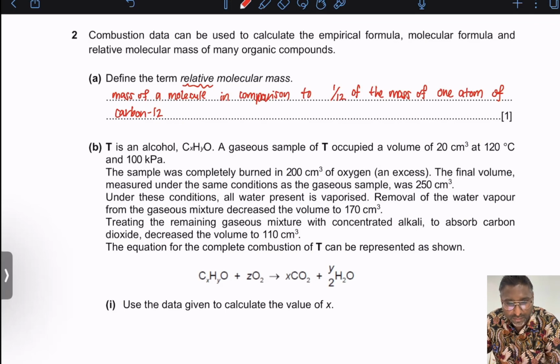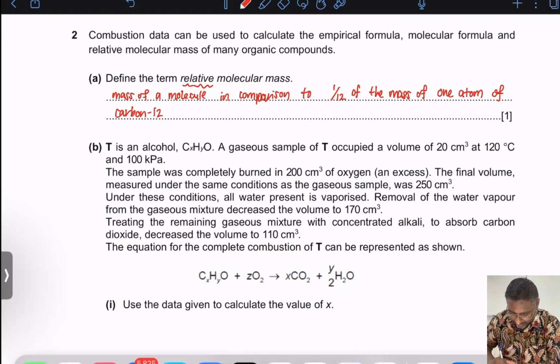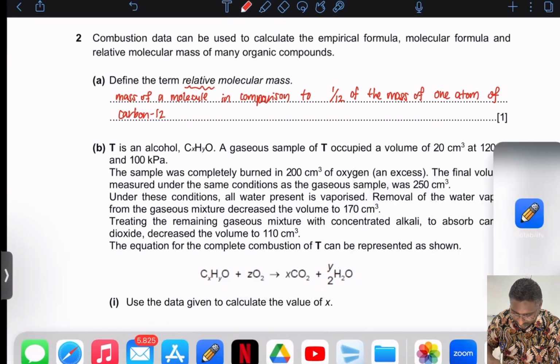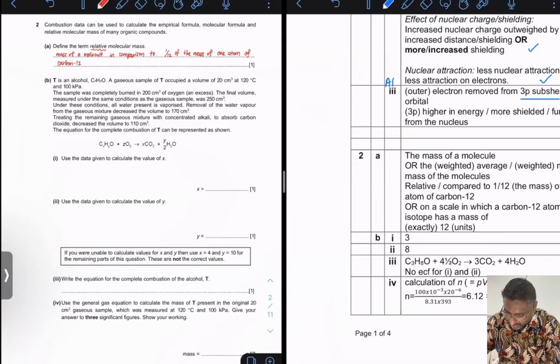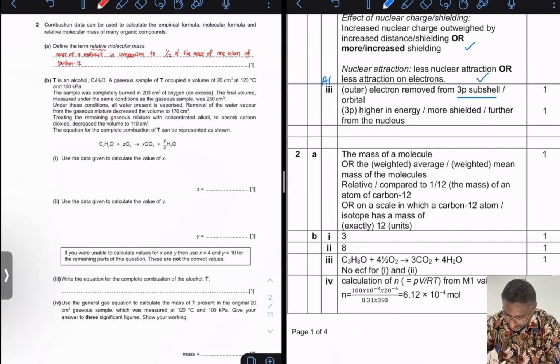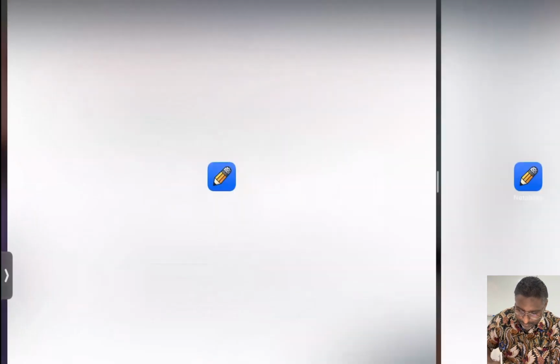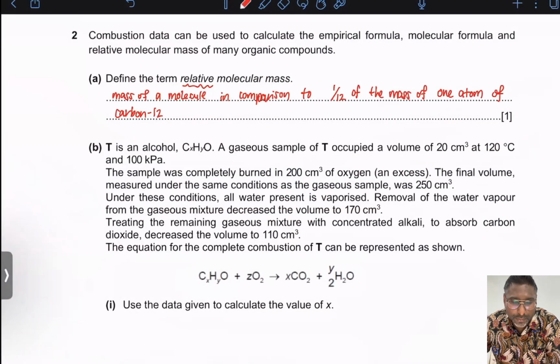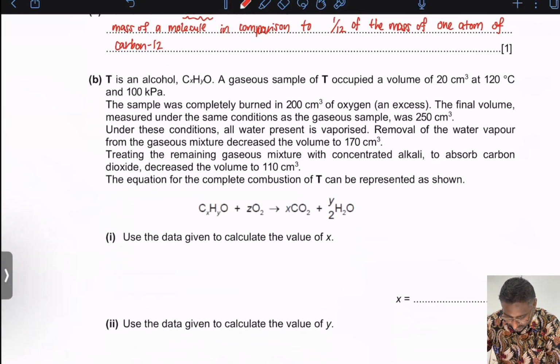I think that's all. Based on what I know, that should be the answer. So let's see what the marking key is. The mass of a molecule compared to 1/12 of the mass of an atom of carbon 12. So I think we get the answer already. So we will follow this one. Okay, done.